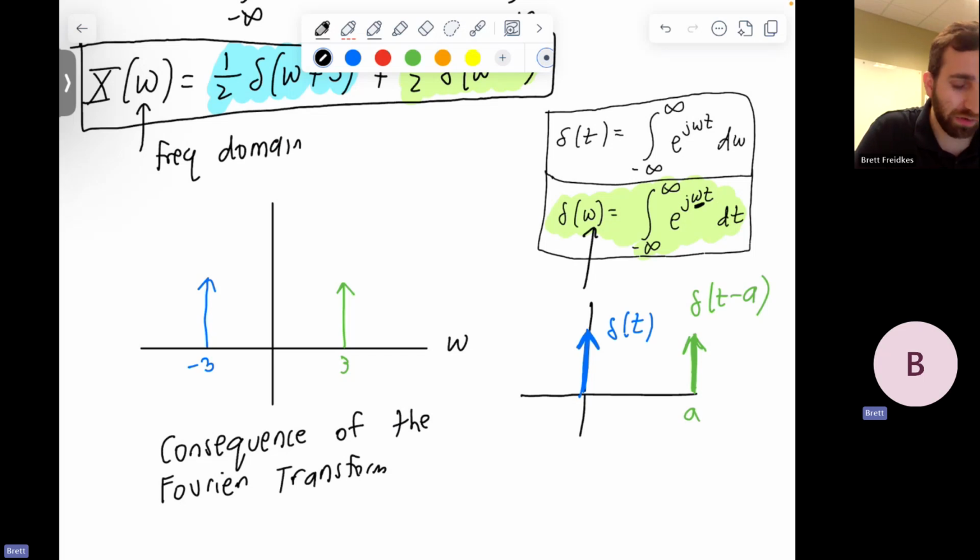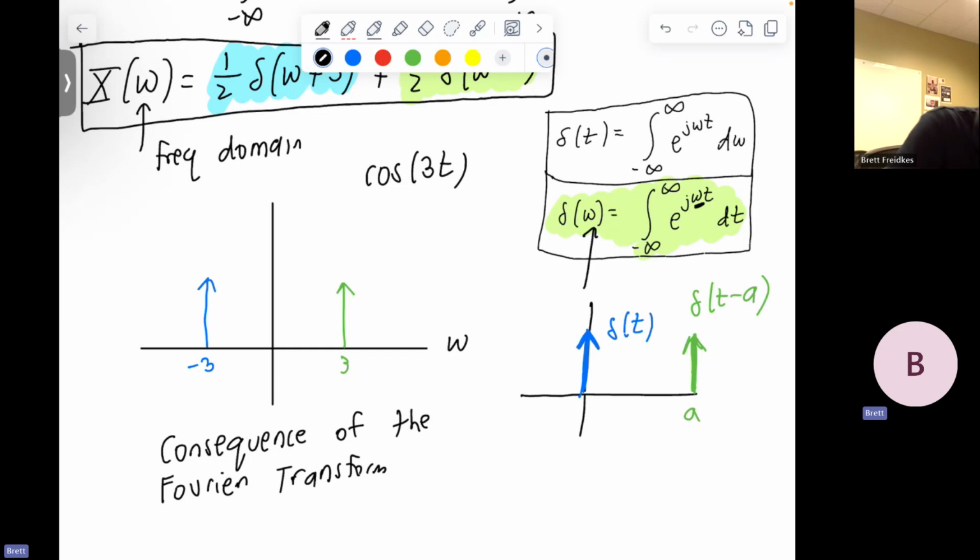So because of that, we are including negative frequencies. Physically speaking, we're not going to worry about what that means. That doesn't really mean much. Instead, we'll just accept the fact that our original cosine of 3t will have peaks at 3 and negative 3.